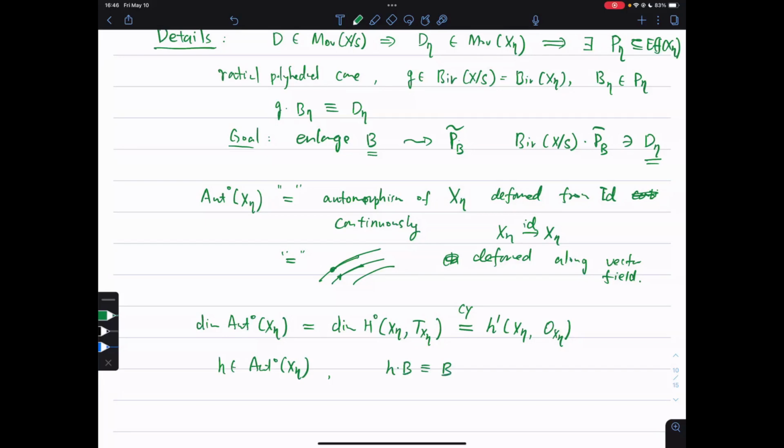You can think of numerical equivalence as being about the intersection with curves. It changes continuously, so the intersection number cannot jump. So for any divisor, under this action of the automorphism group, it has the same numerical equivalence class. So it keeps the numerical equivalence.